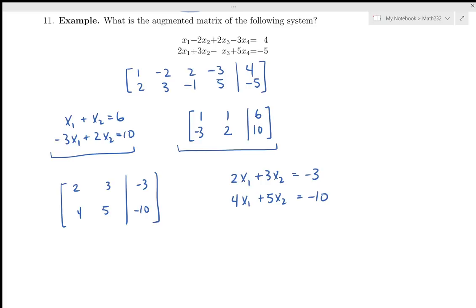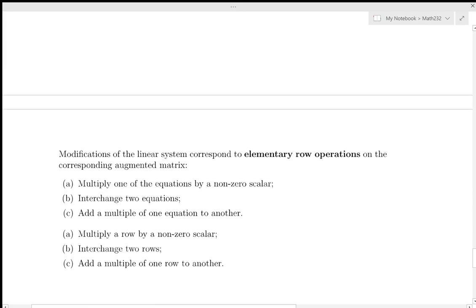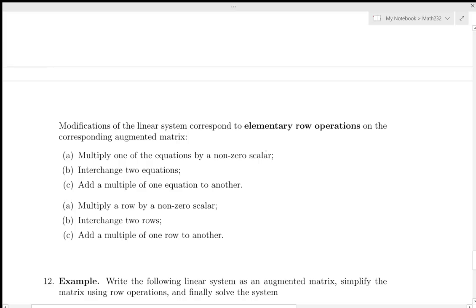We just did a prolonged example of showing what you're allowed to do without changing a system of linear equations, and we're going to start to call those things elementary row operations. We showed A, B, and C do not change the solution set of a system of linear equations.